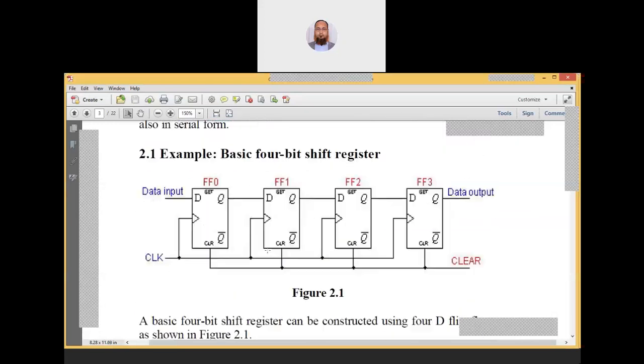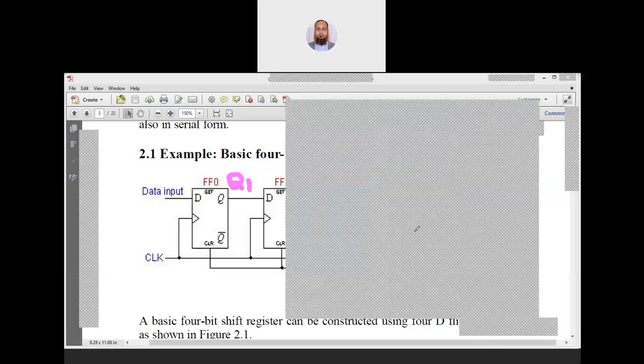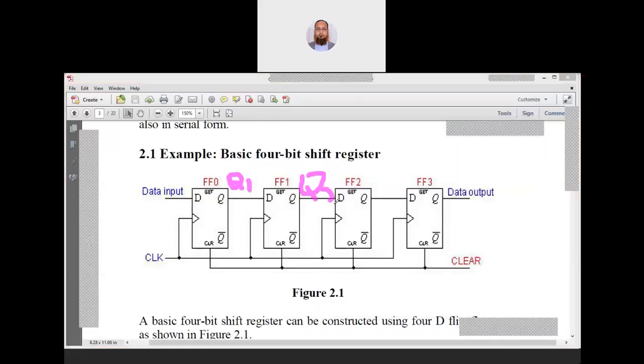Let's say I have to give names. Let's say these are Q1, Q2, Q3, and Q4, and this is the data input, IN.